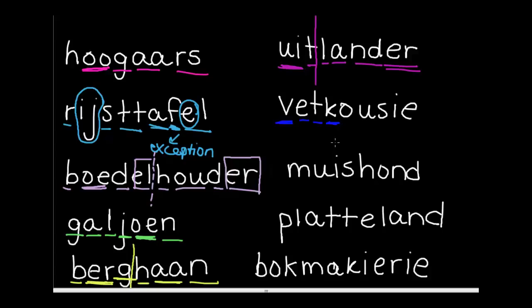Okay? And then we have our O sound, the long O sound. Remember that typically it's going to be spelled either an O, an OE, or if it's from Afrikaans, an OO. Here, it's OU, and that's why this is a bit of an exception. And I like to put the exception words as our sample words because it's good to learn the exceptions just in case they're thrown at you in a spelling bee.